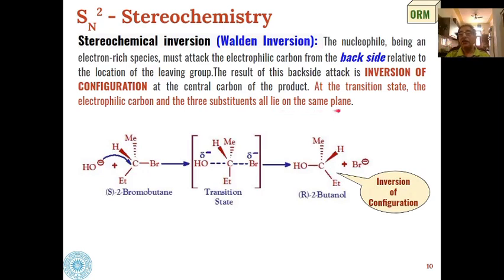And in the transition state, the electrophilic carbon and the three substituents lie on the same plane, as we have seen in case of carbocations.